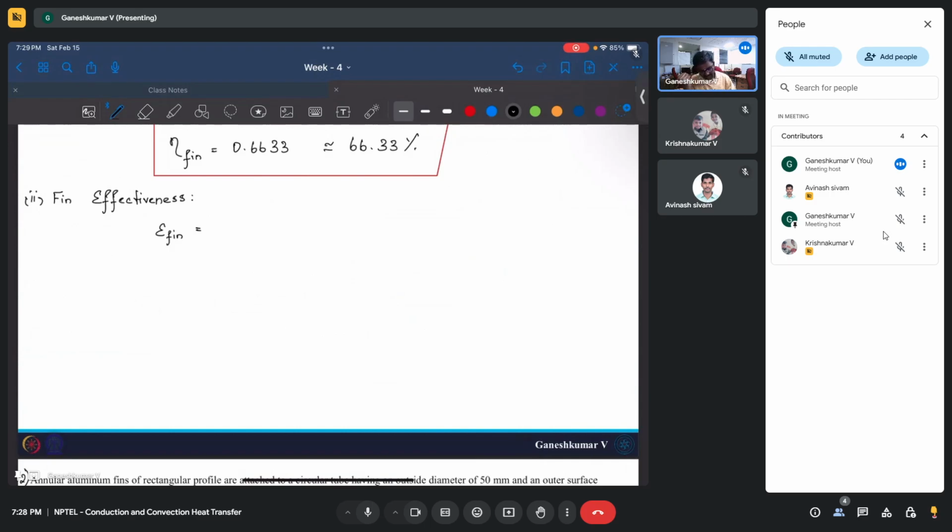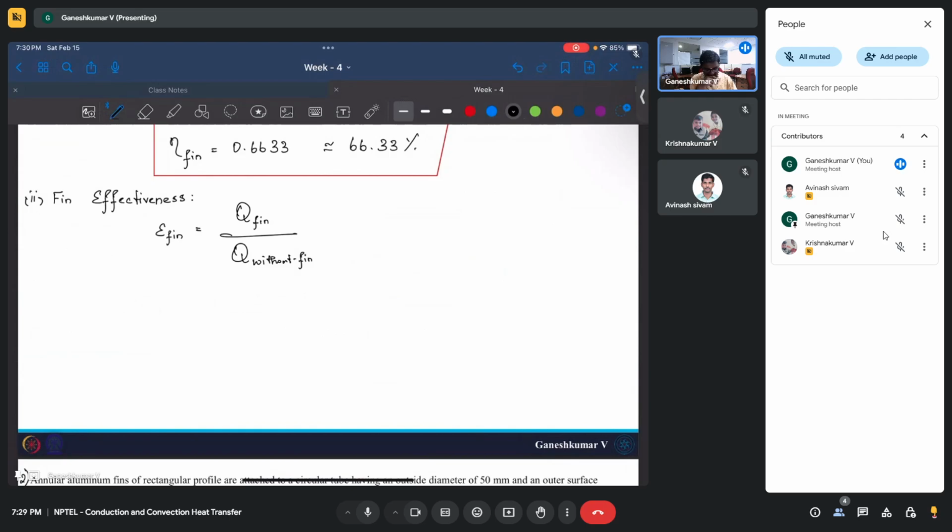Fin effectiveness is nothing but Q with fin divided by Q without fin. When you do not have any fin, what is the heat transfer that you are going to get? That will be Q without fin. And when you have fin, what is the total heat transfer? That's what Q fin is.